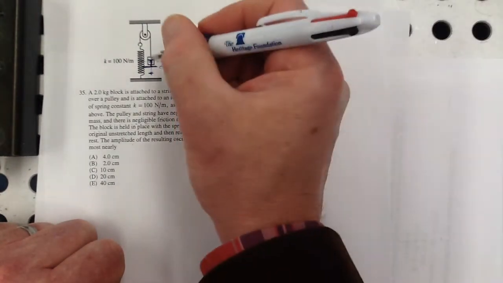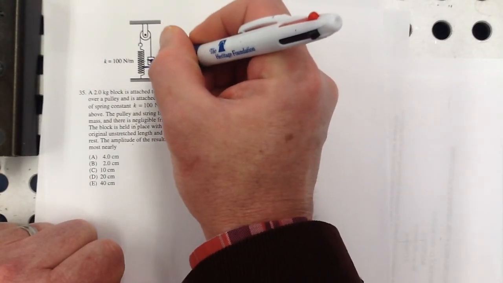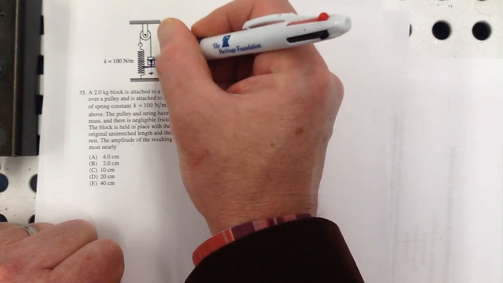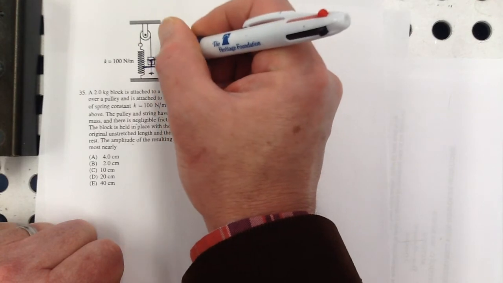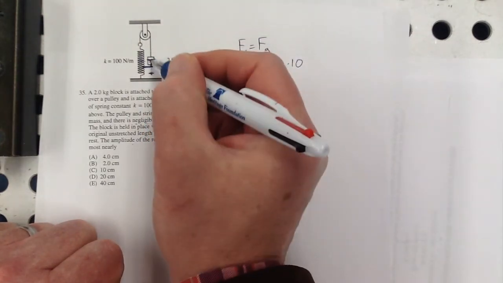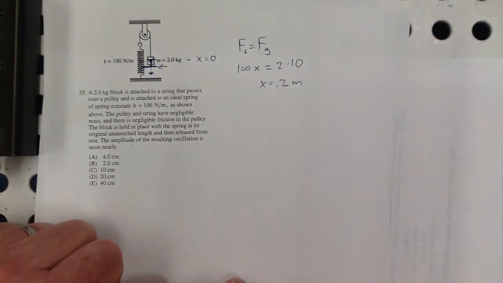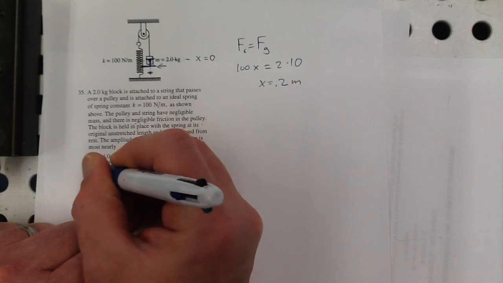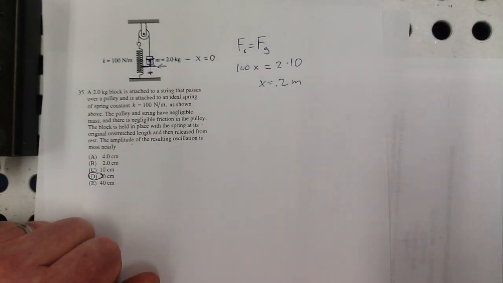So that is the distance from here down to this equilibrium position. It's going to go past that and then oscillate back and forth around the equilibrium position where it would be if we gently brought it to rest. So that's going to be 0.2 meters or 20 centimeters. All right, there you go.